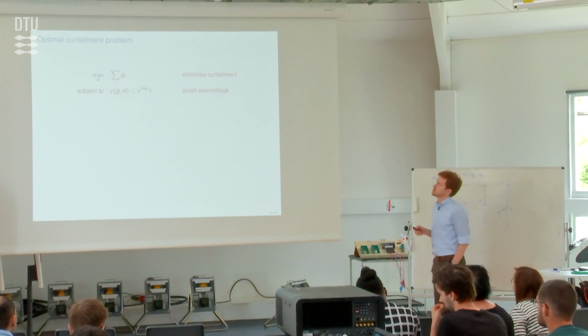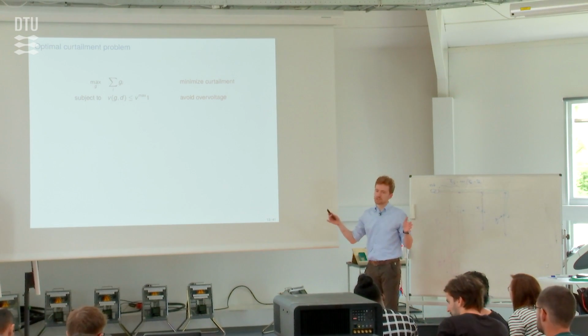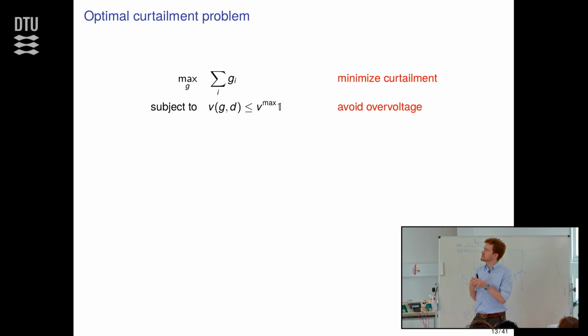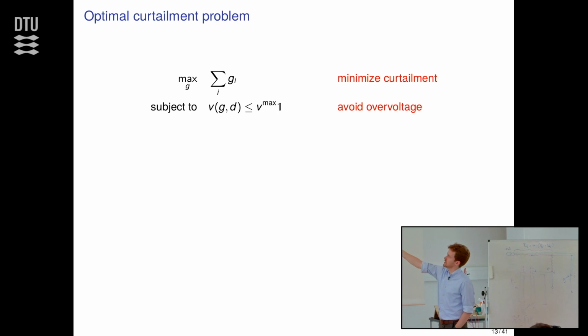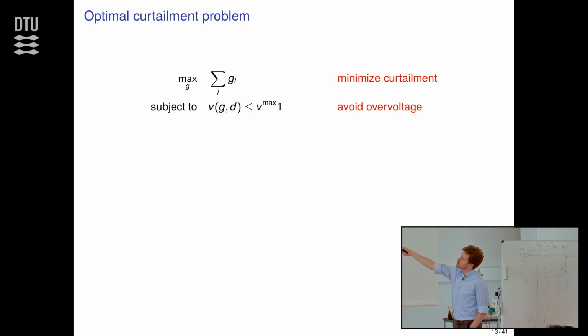Now, this is the problem we're going to consider today. Given all this introduction, this is the problem we want to solve. As I told you, we focus on only one problem today, at least in this lecture. It's about how to curtail generation to make sure the voltage is fine, no over voltage is reached. So this is the simplest problem. As I said, you can make it more complicated, but this is good enough for what I'm presenting today. You want to maximize generation, which means minimize curtailment, subject to voltages.